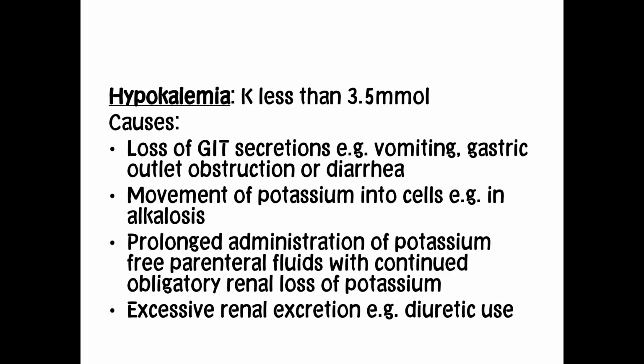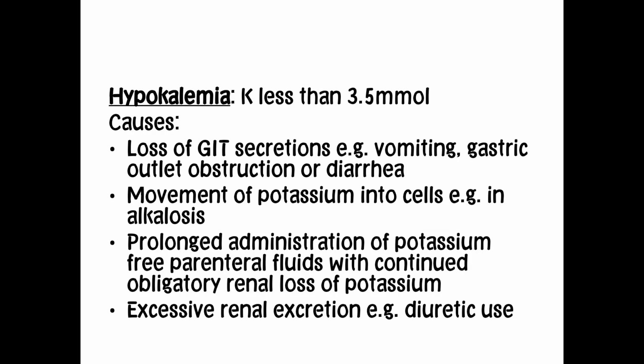Our next important serum cation is potassium, and depletion in potassium levels, also known as hypokalemia, is clinically diagnosed when less than 3.5 millimole of serum potassium is assessed for and discovered.